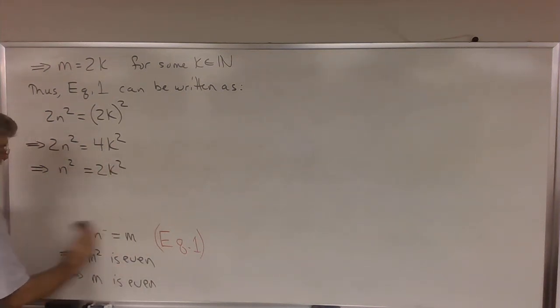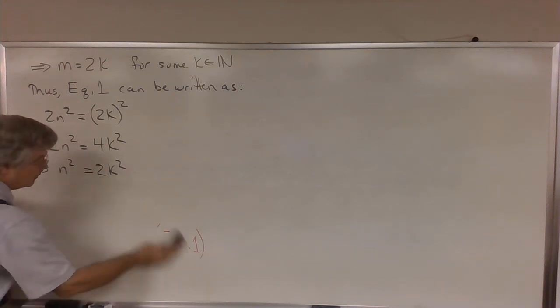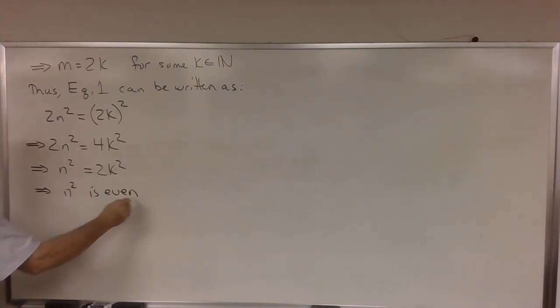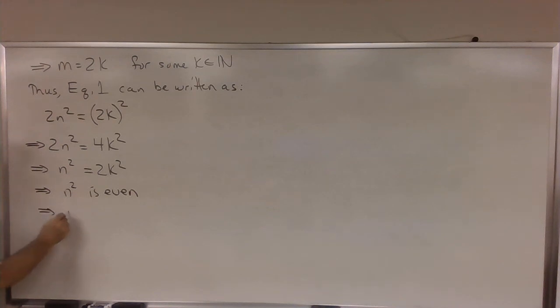Now, where's that going to get us? n squared is 2 times some natural number k squared. That means that n squared is even, which implies that n is even.